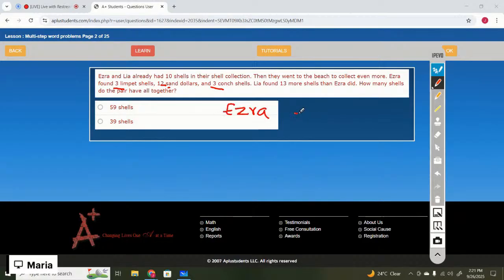So Ezra has the shells 3 plus 12 plus 3. So in total she has 18 shells. Leah found 13 more shells than Ezra. So 18 plus 13 is 31. We need to calculate the total shells.